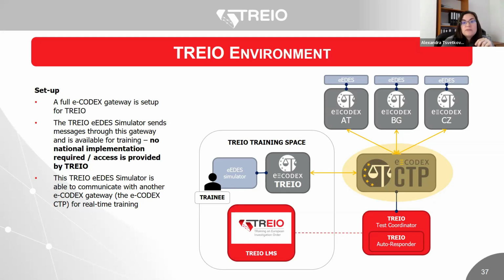However, instead of these messages going to an actual competent authority somewhere in Bulgaria or Austria, for example, they go to our TREIO autoresponder, and these messages are linked to the instructions and exercises given in the e-learning platform.